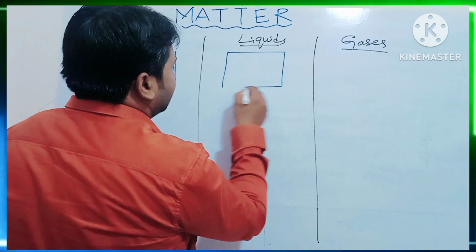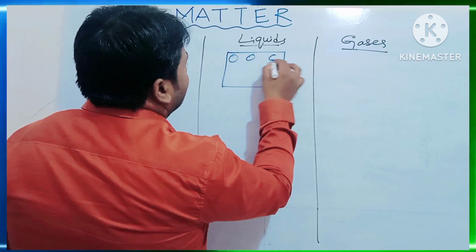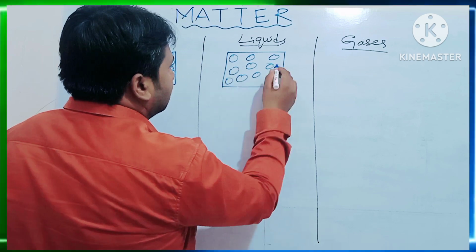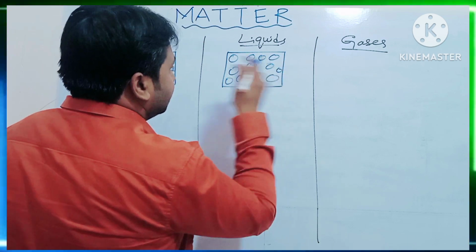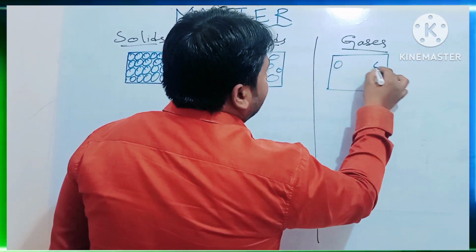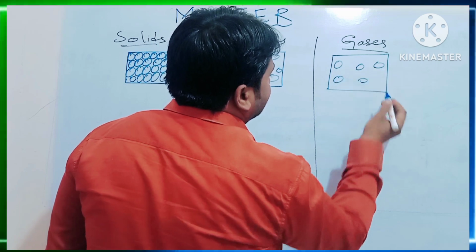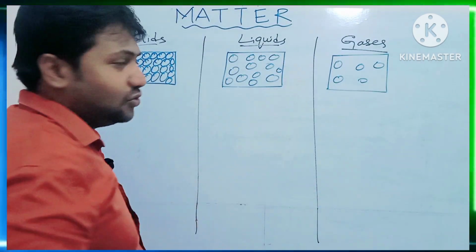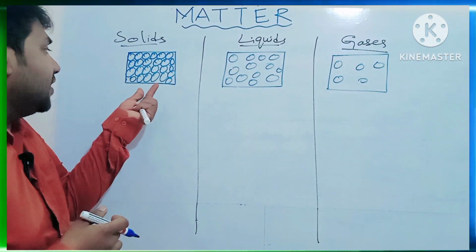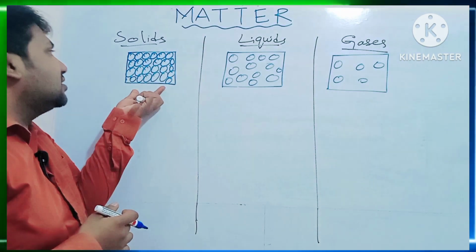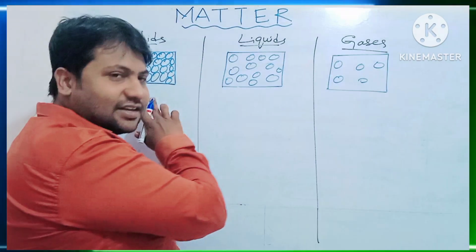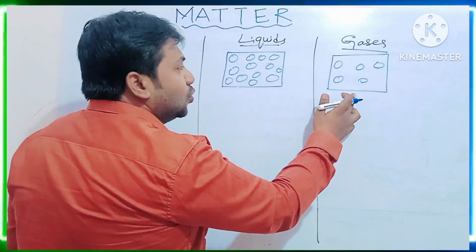If I take the structure of liquids, they are a little bit loosely packed compared to solids. When we come to gases, the molecules are very loosely packed. By these three structures we come to know that the particles of solids are closely packed, in liquids they are loosely packed, and in gases they are very loosely packed.